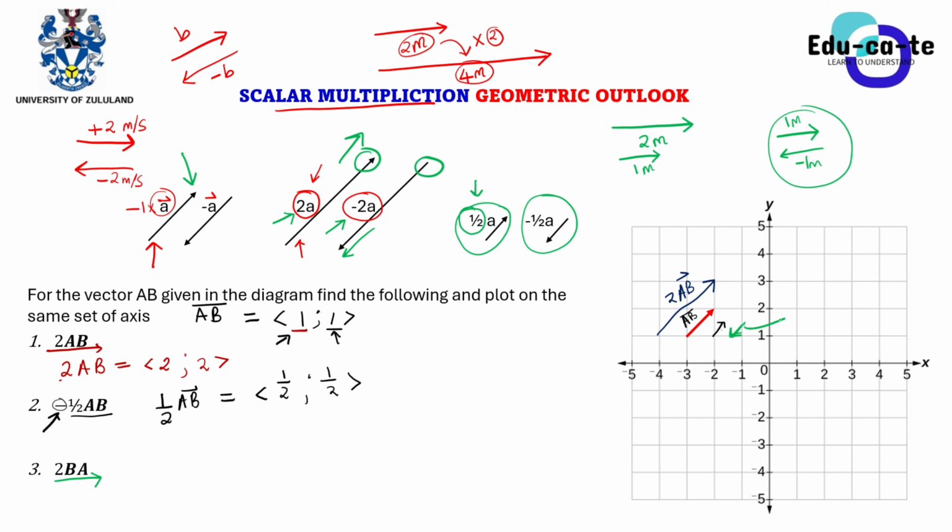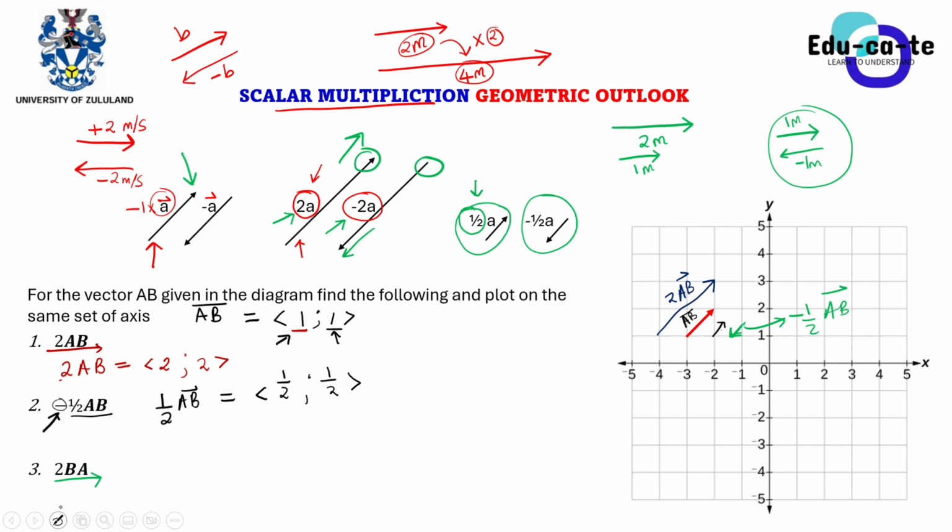So we say that this is going to be negative half of vector AB. You've got 2BA. You can see that here our original vector is AB. Okay, this is our original vector AB. So now when you say BA, it means that we're actually getting the what? We're actually getting the opposite. We're actually doing the opposite direction.